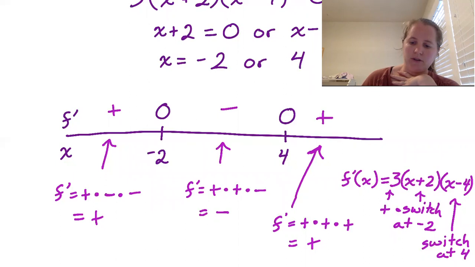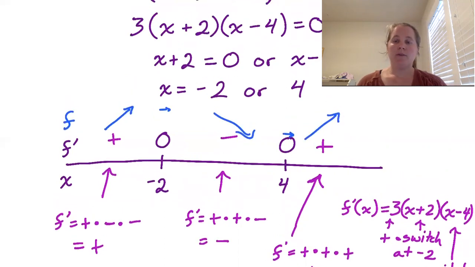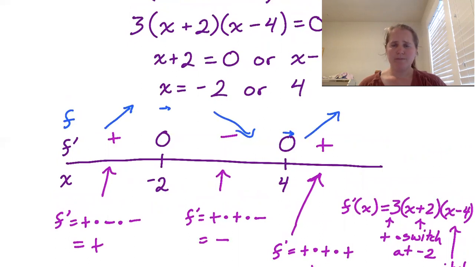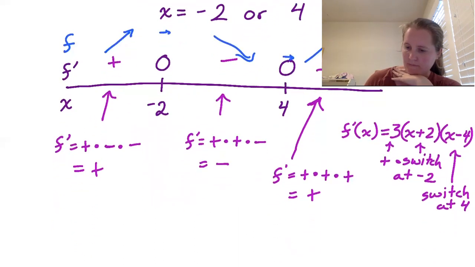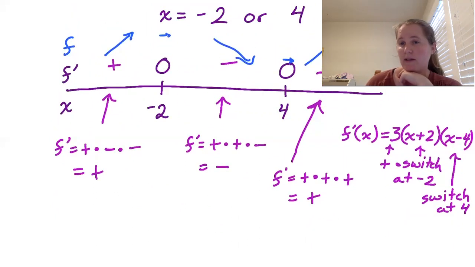From here, we can figure out our function f. So f prime is positive, you know we're going up. You flatten out, go back down, flatten out, go back up. So already we know that our function has sort of a standard cubic shape to it, right? We could be precise and identify the relative maxima and relative minima.